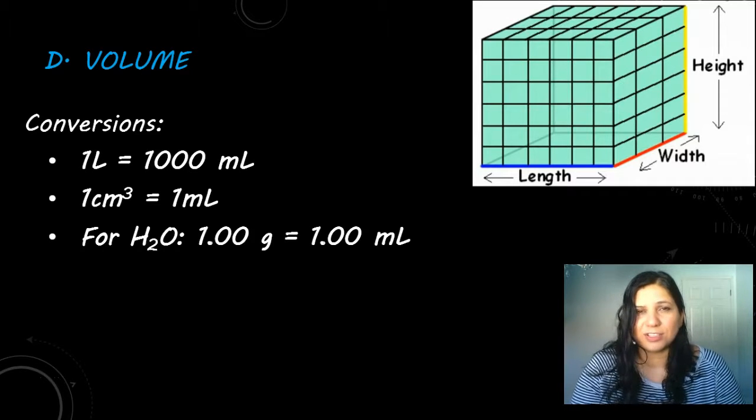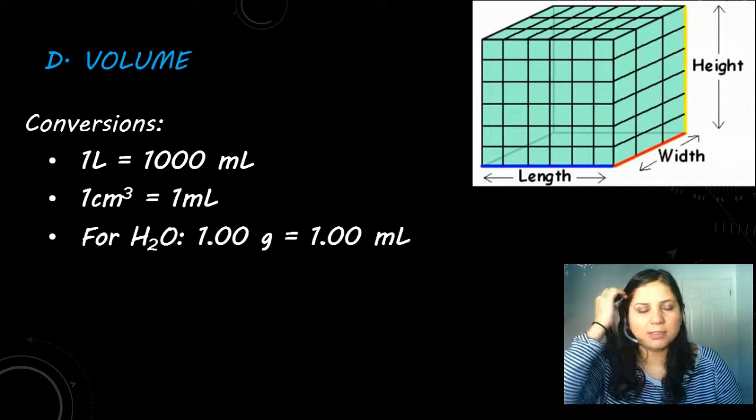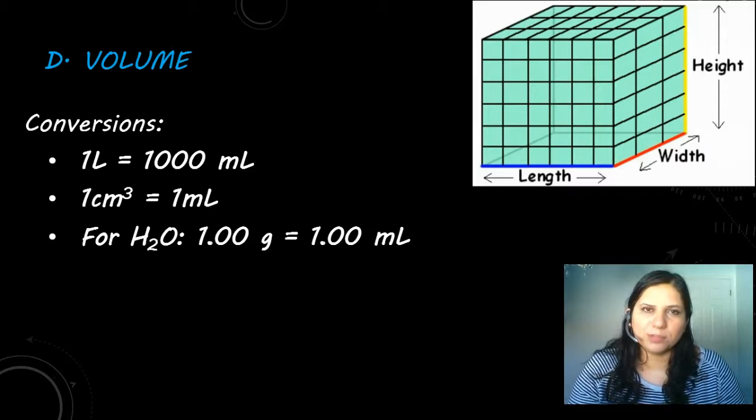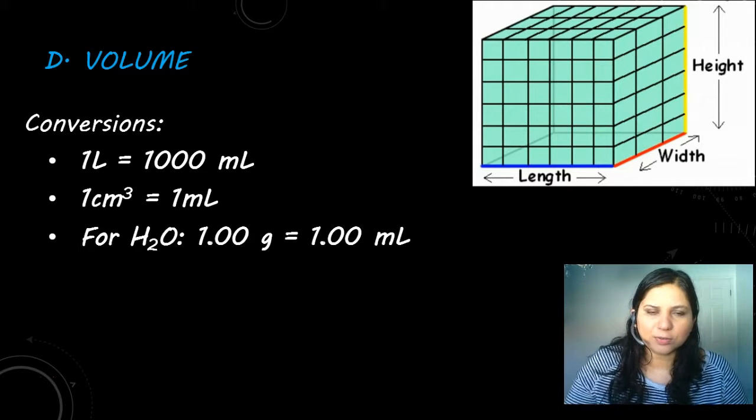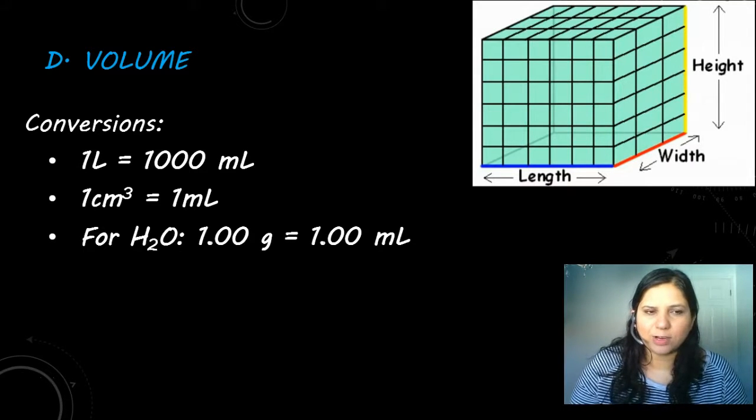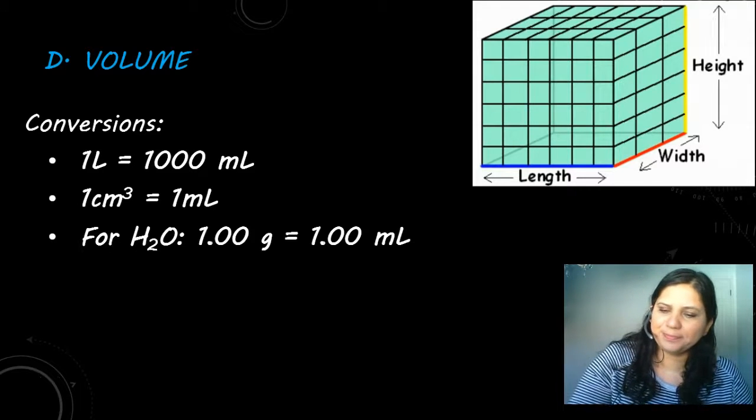Now this changes with temperature, and it varies just a little bit as the temperature increases and decreases away from normal temperature. So we can use this most of the time, but not all the time. Sometimes you'll actually have to look up the density of water at that particular temperature.